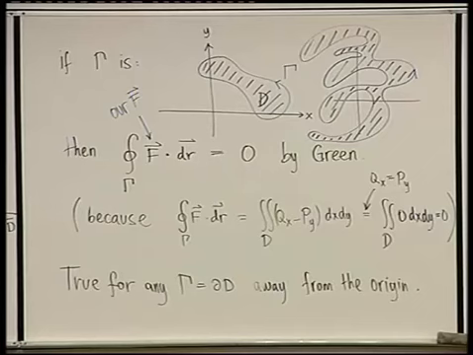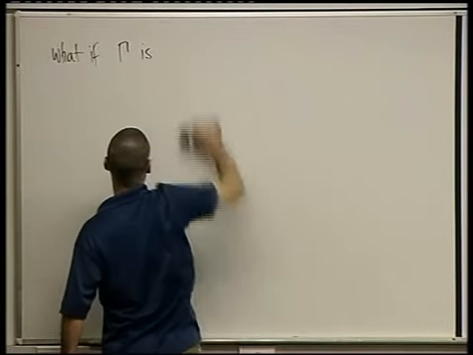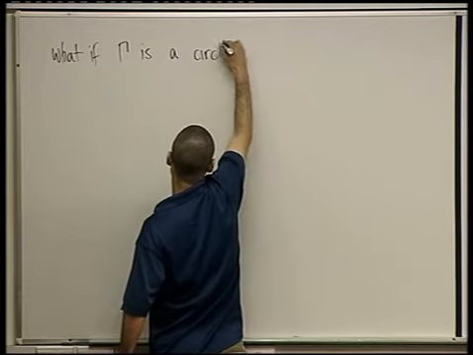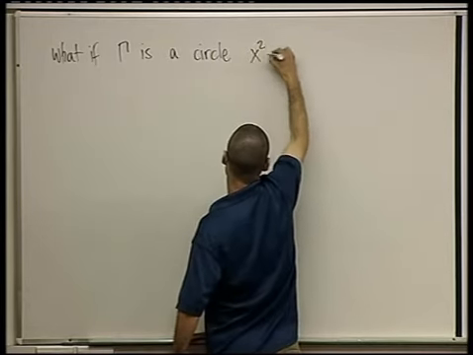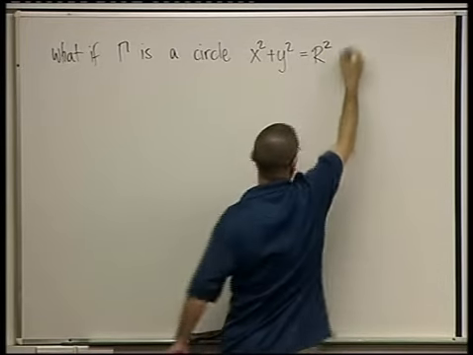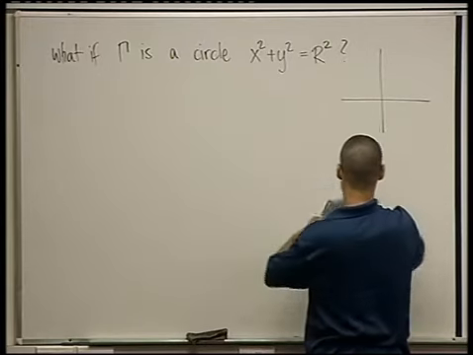So what if gamma is, let's say, the unit circle, or any circle, the circle x squared plus y squared equals r squared for some r. So now this is the picture. Here's gamma.